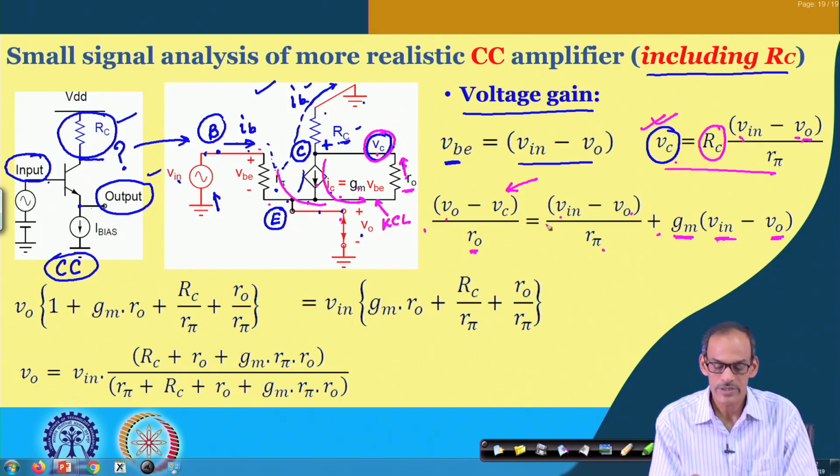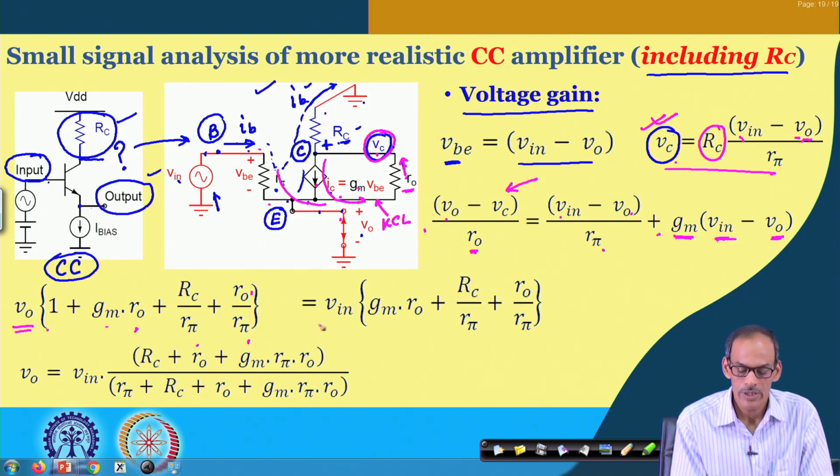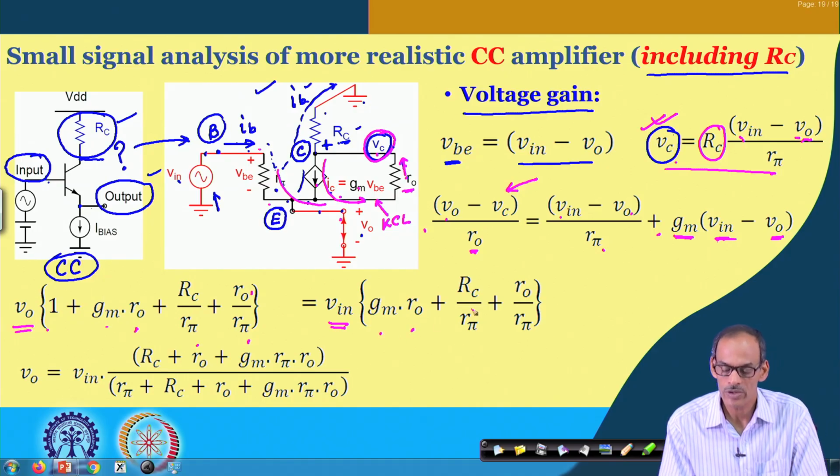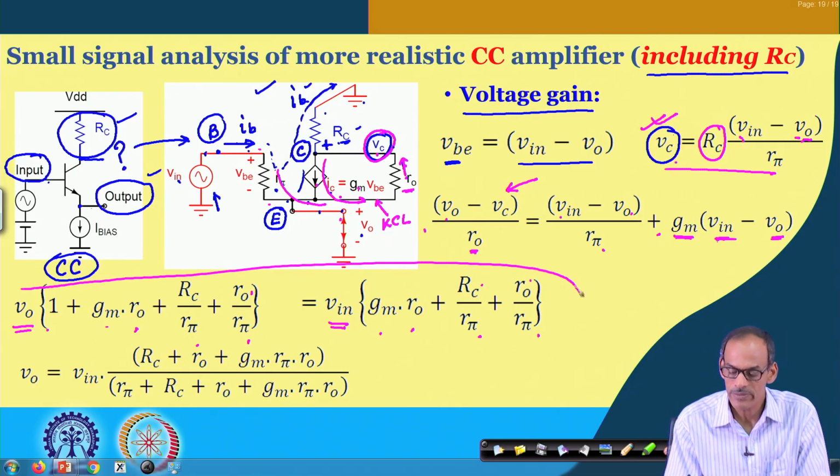If we rearrange that equation, what we get is V O multiplied by 1 plus G M into R O plus R C divided by R pi plus R O divided by R pi equals V in multiplied by G M into R O plus R C divided by R pi plus R O divided by R pi.